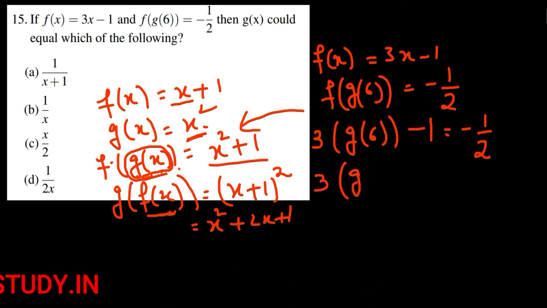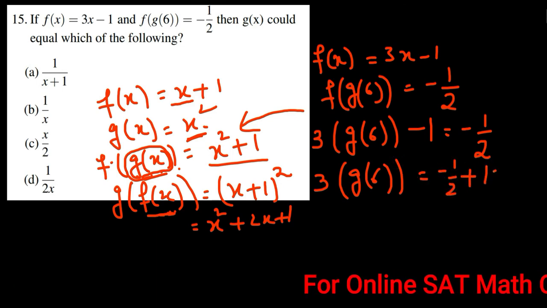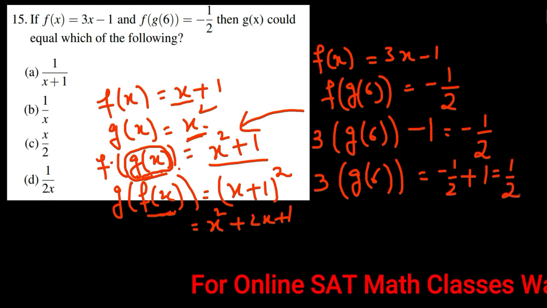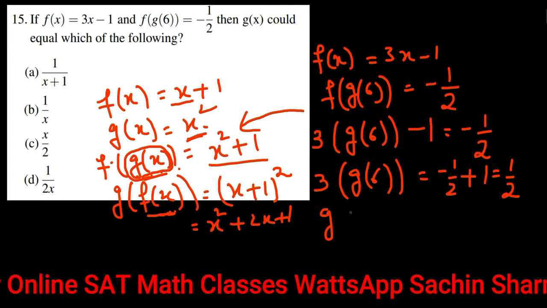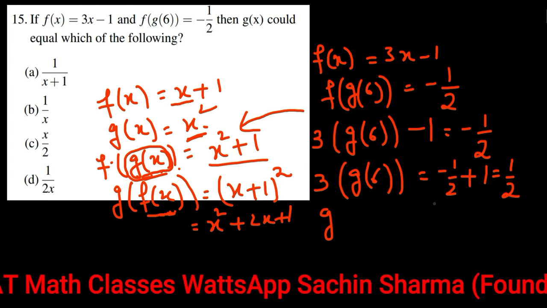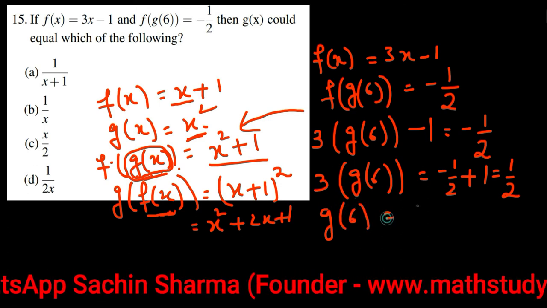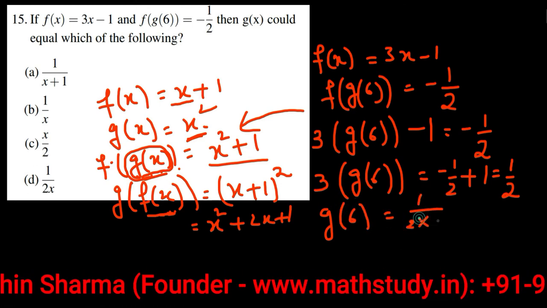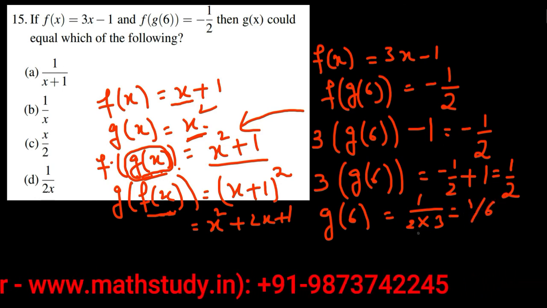Now we have to simplify further this way. Thrice of g of 6 is equal to minus half plus 1. Minus half plus 1 is nothing but half. Very simple. Now we have to take this 3 towards the RHS. Here it is in multiplication, so in RHS it will be in division. So g of 6 is equal to 1 upon 2 into 3, which is 1 by 6.